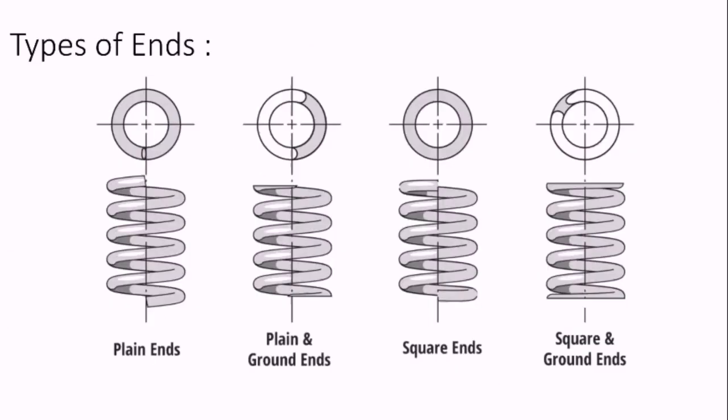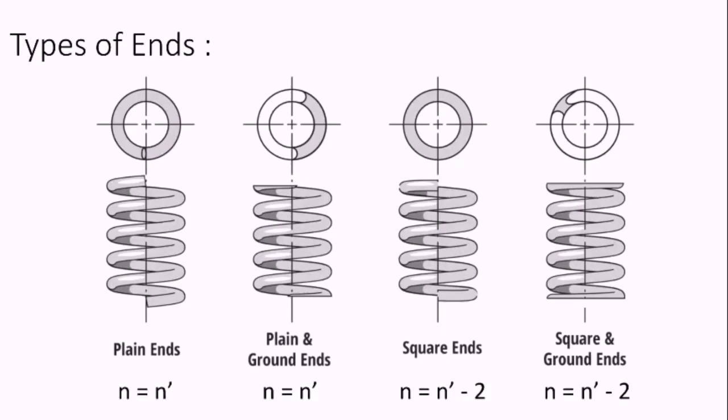Next topic is types of ends of the springs. As shown in the diagram, there are 4 different types of end, namely plane ends, plane and ground ends, square ends, square and ground ends. The number of active turns in the spring depends on the type of end used.